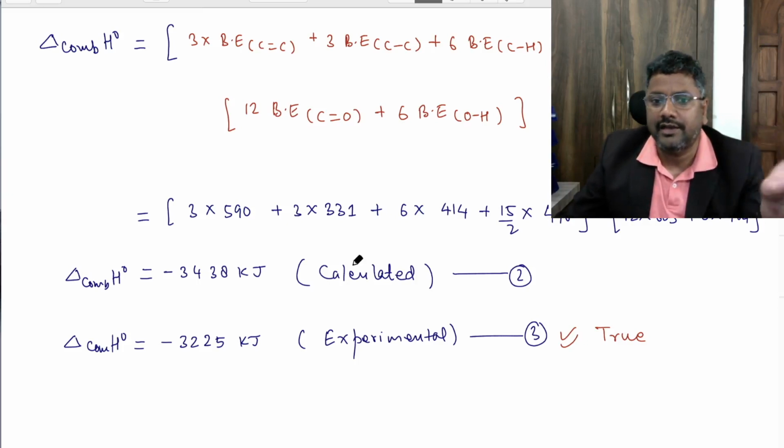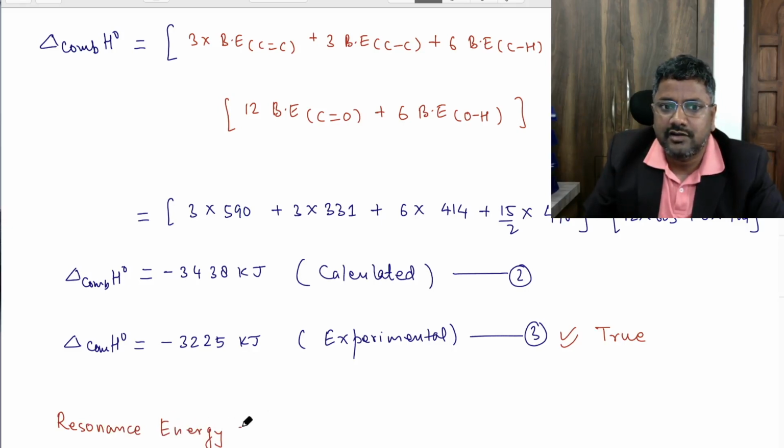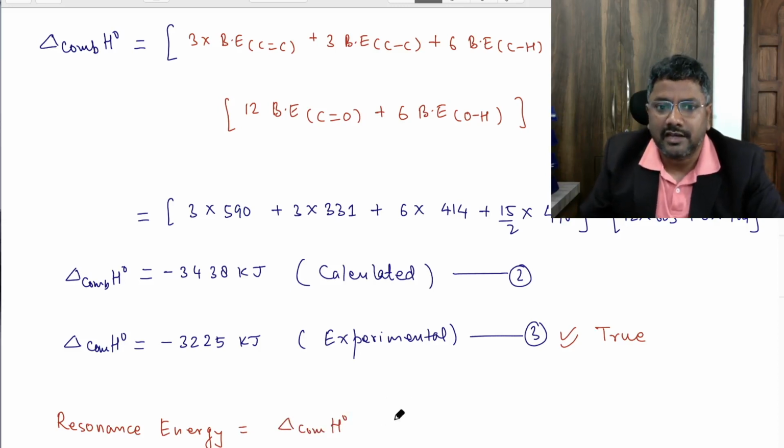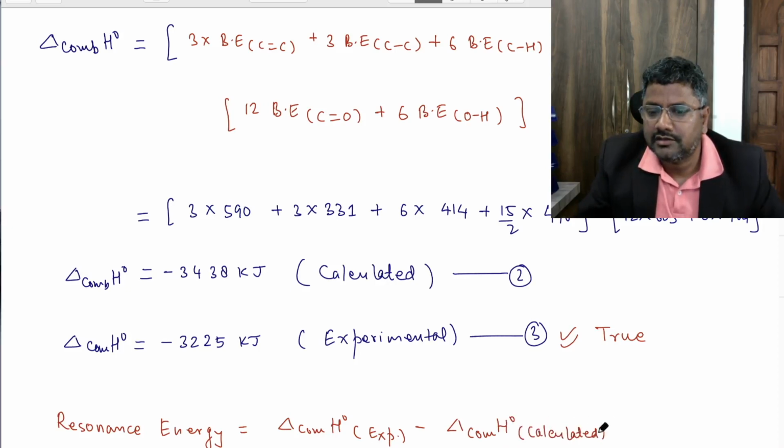And so this way you can calculate the resonance energy. So resonance energy is equal to delta H combustion experimental minus delta H combustion calculated, right?